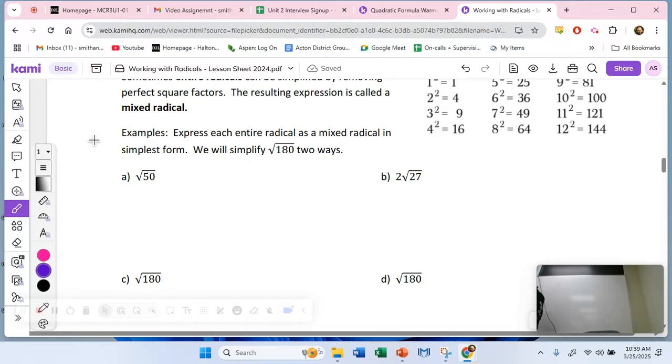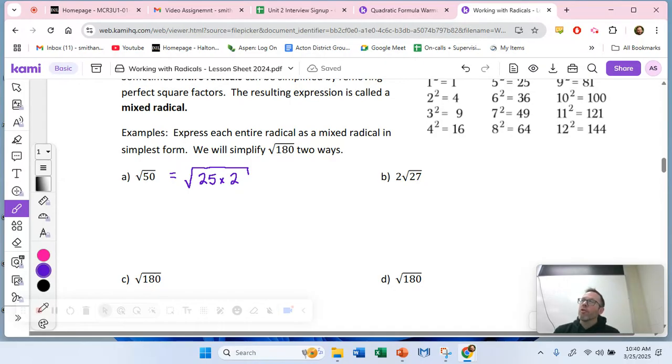Caden's got one. 25. Guys, check this out. I can write 50. Can you guys do this with me too? I can write 50 as 25 times 2, shockingly.